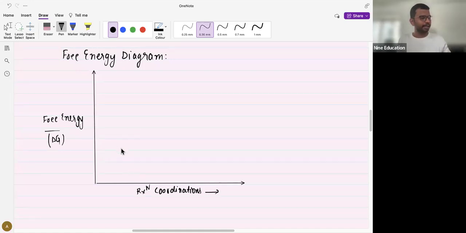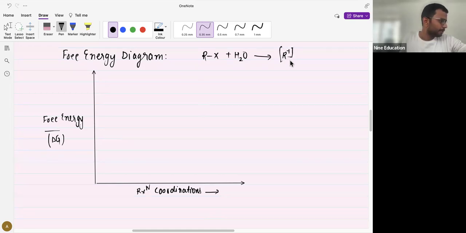So let's say I am taking reactants which was RX. This was our reaction in which I have RX. RX में अगर हम water डालेंगे, so we will get R positive carbocation with X minus and H2O.